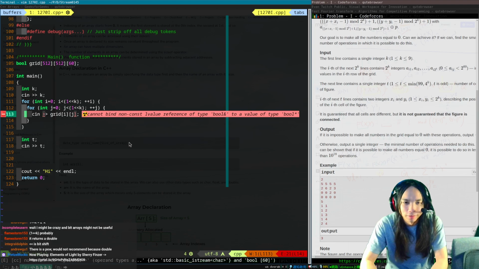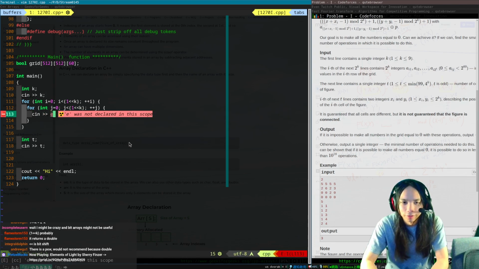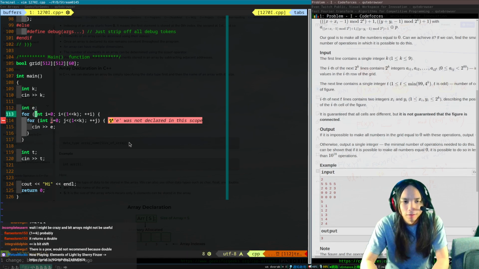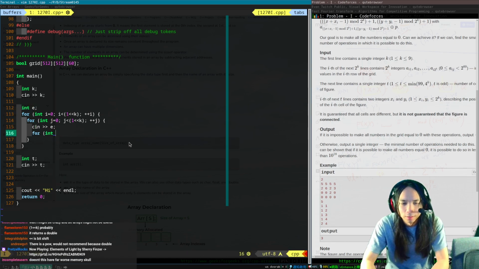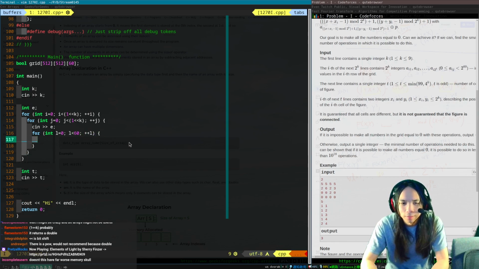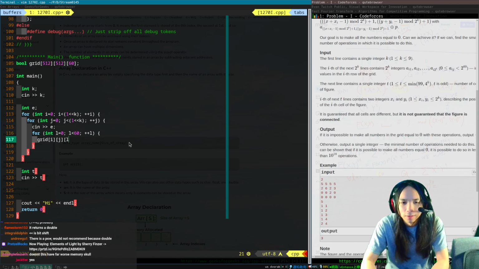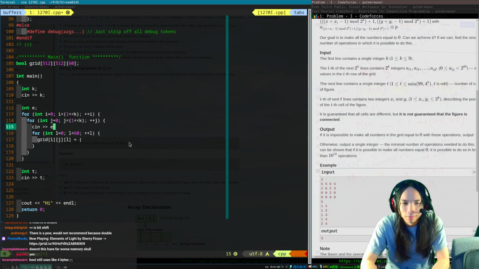Bool. And then, okay, how do I get the... Okay, we'll let e be the entry. So for int l equals 0, l less than 60, plus plus l, grid i, j, l is... Okay, so how do I do integer... Oh shit, this would be a long integer.